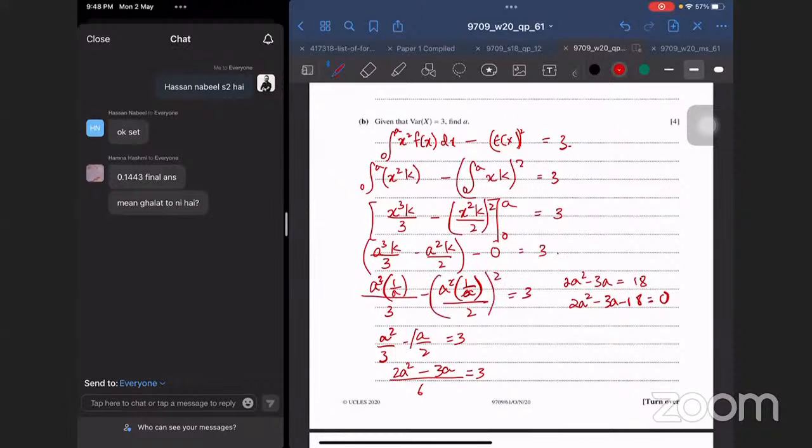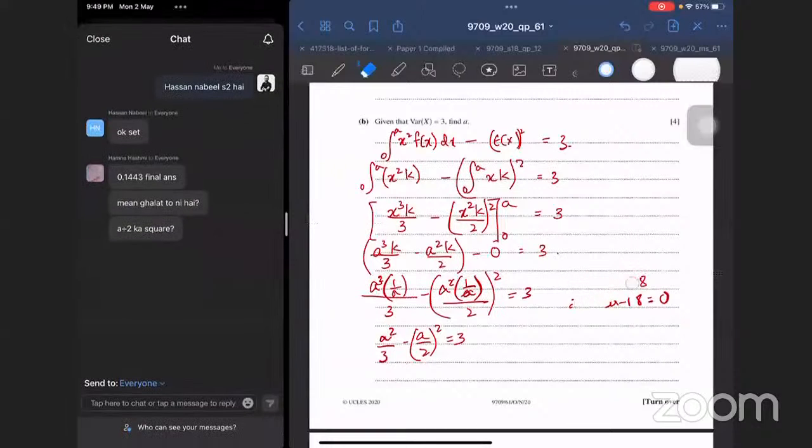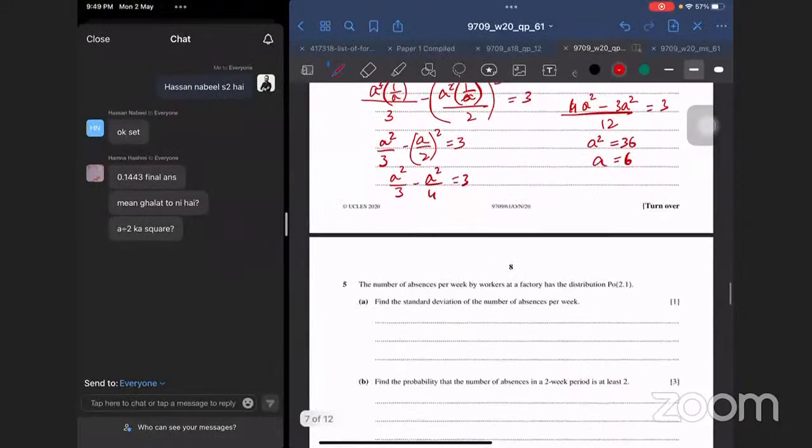So a squared over 3 minus a squared over 4 equals 3. So 4a squared minus 3a squared over 12 equals 3. So a is 6. Okay.